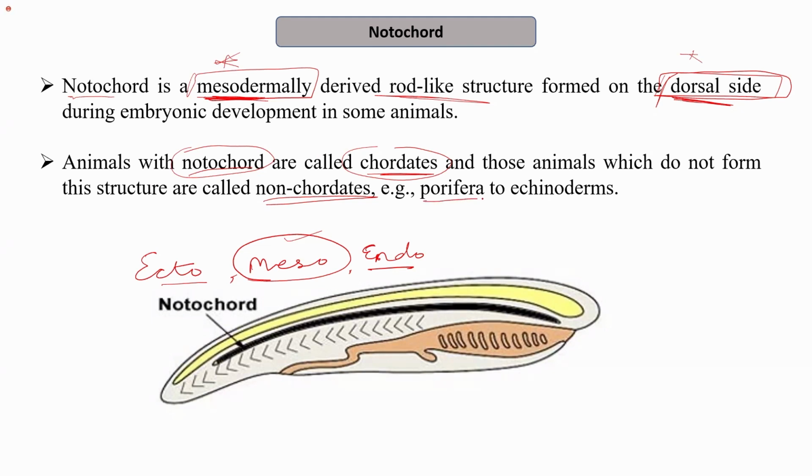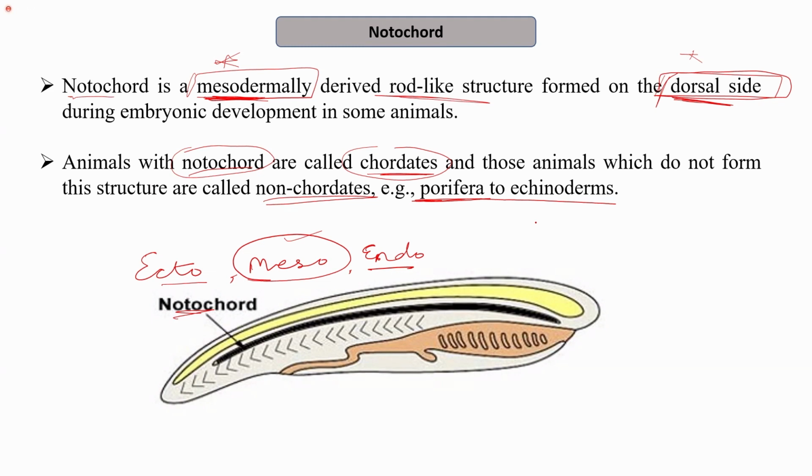So the animals that belong to the phyla Porifera, Coelenterata, Ctenophora, Platyhelminthes, Aschelminthes, annelids, and echinoderms all belong to non-chordates, that is, they do not have this notochord, or this mesodermally derived rod-like structure is absent in these organisms.